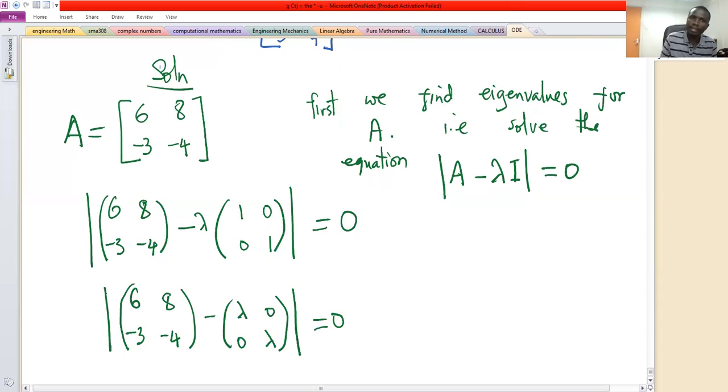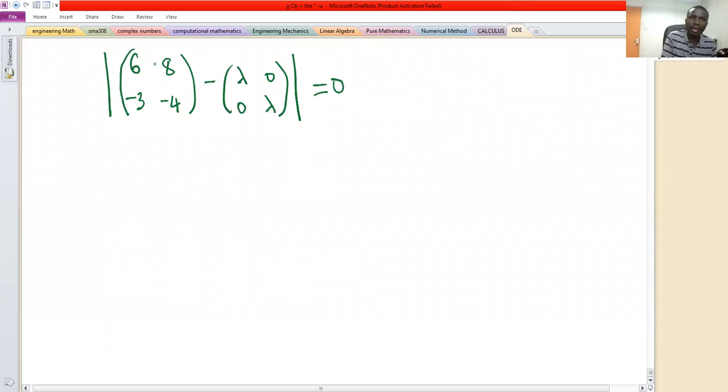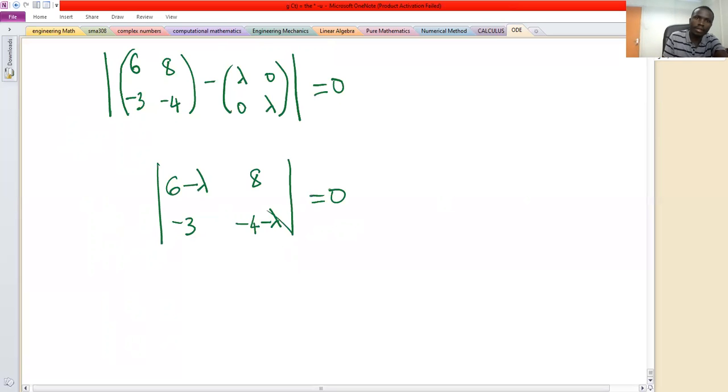If you are subtracting two matrices, you subtract component-wise. So we'll have 6 minus lambda, 8, minus 3, minus 4 minus lambda, determinant equals 0. Now this will be 6 minus lambda times minus 4 minus lambda.